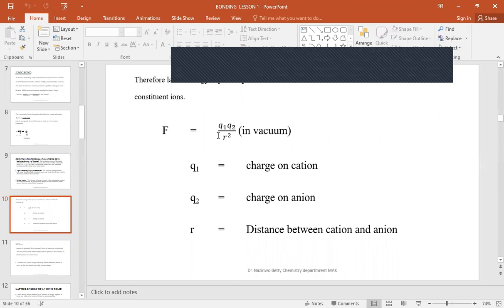So when you look at this equation, when the separation is small, automatically the electrostatic force of attraction will be high, provided the charges on the combining species, the cation and anion, are high. So if the electrostatic force of attraction is high, automatically the lattice energy will be high, as we shall see in the following slides.